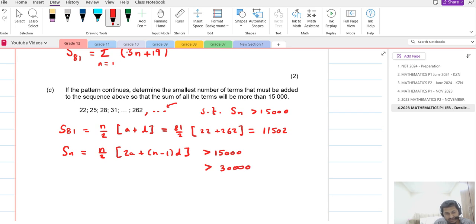So that's n. 2a is 2 times 22 plus n minus 1 times 3, right? So we got n into 44 plus 3n minus 3 is greater than 30,000.